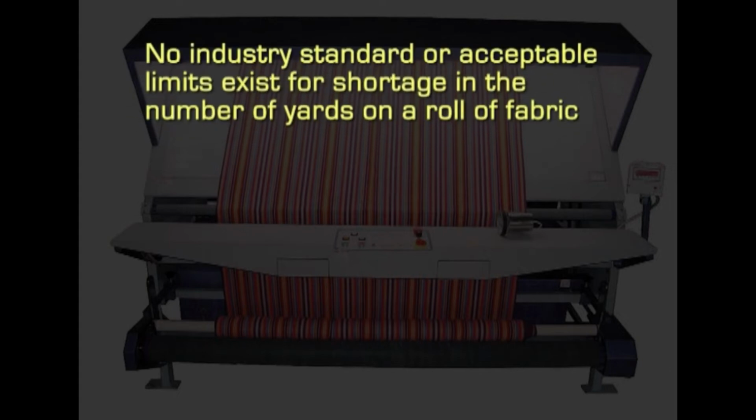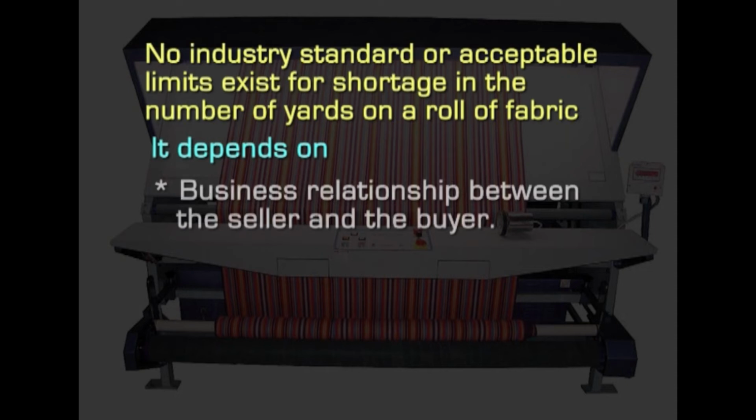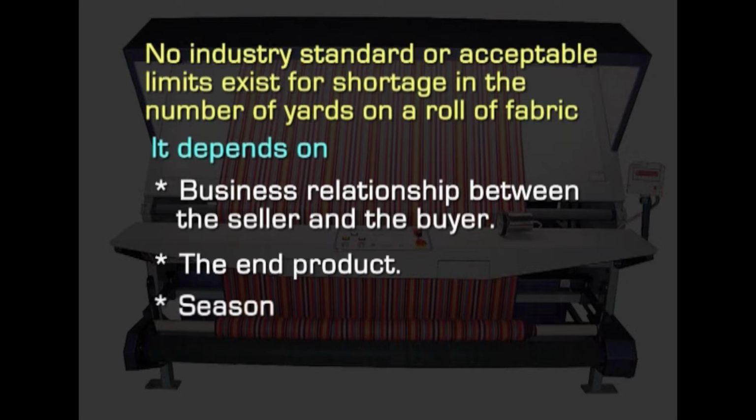There is no standard viewing condition for inspecting the fabric, and no industry standard or acceptable limits exist for shortage in the number of yards on a roll of fabric. But it depends on the business relationship between the seller and the buyer, and the end product, the season, and the volume of the shipment, and no standard sampling plans are available in the industry for the inspection of the fabric.